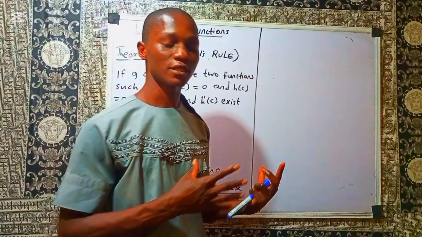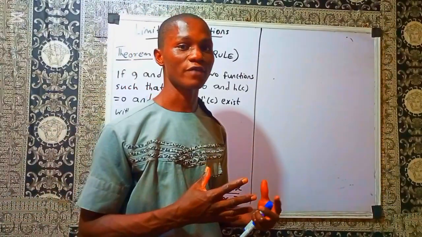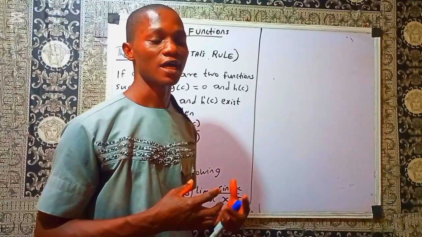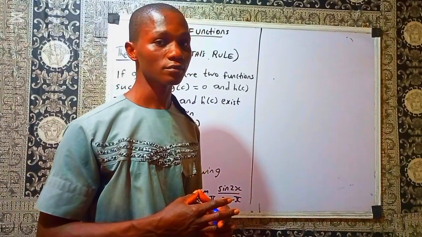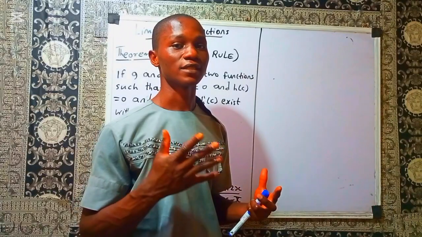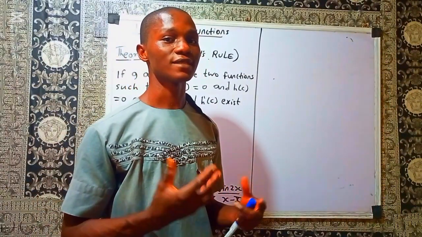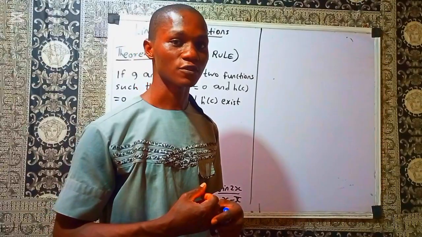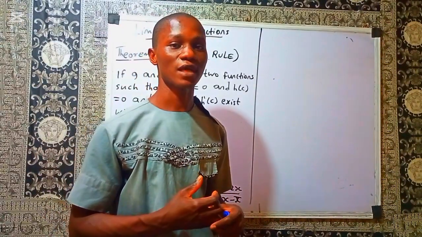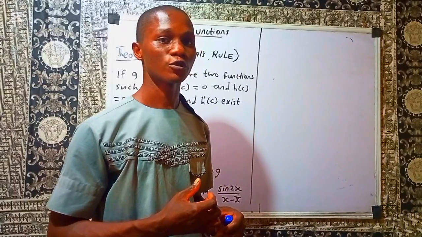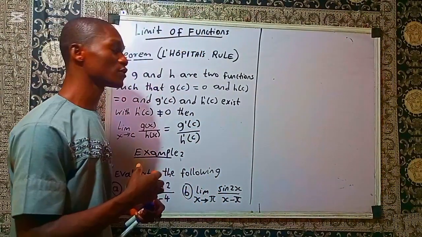The one we are going to consider in this class is a situation whereby you are evaluating limits of a function, and if you substitute the point at which you are evaluating the limit, you get 0 over 0 as your result. That 0 over 0 is not an answer, so it is an indeterminate expression. So if you get an indeterminate expression, how do you evaluate such limits? We are going to do that with the help of L'Hopital's rule.